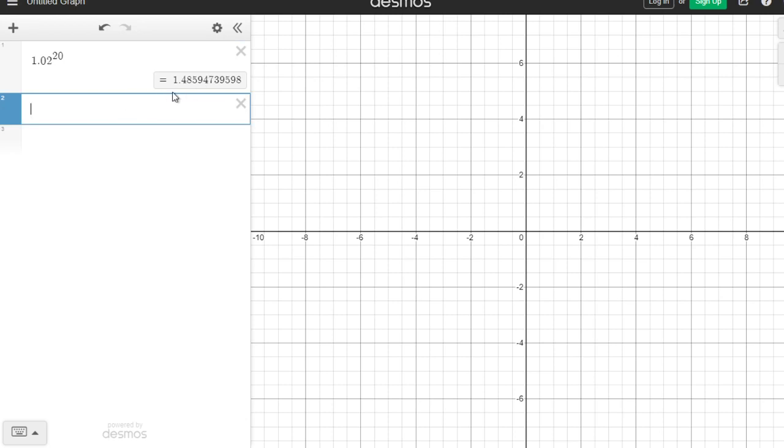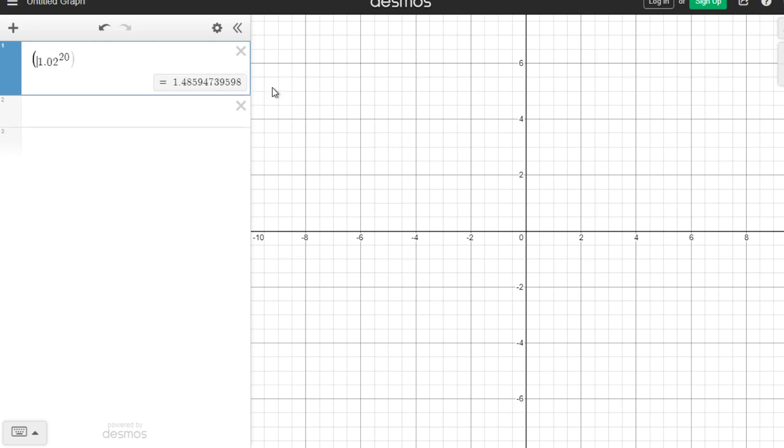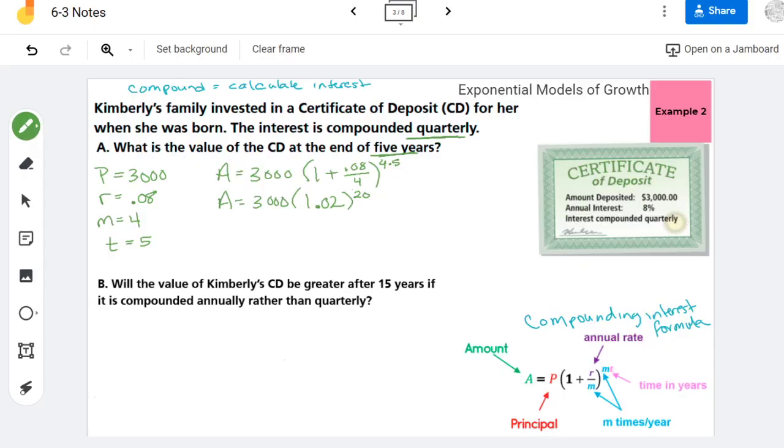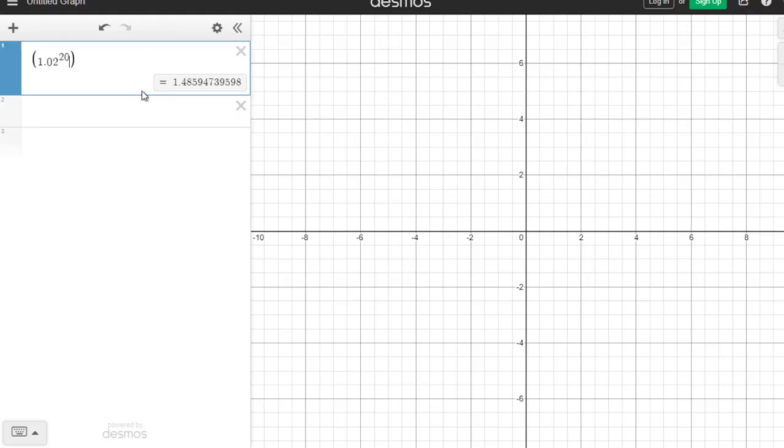I'm going to put this expression in parentheses, telling my calculator to do that calculation first, and then I'm going to do the 3000. Your problem has a 3000 out here. That's fine, it could be either the front or the back.